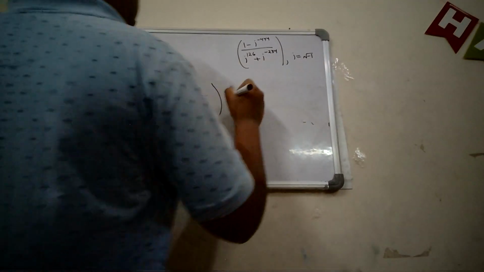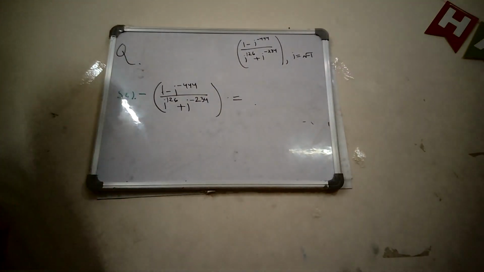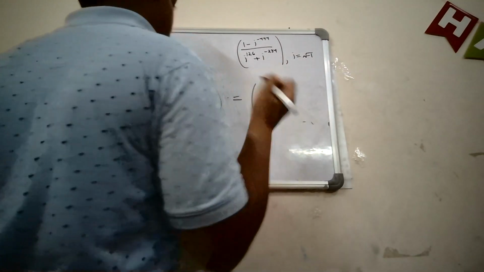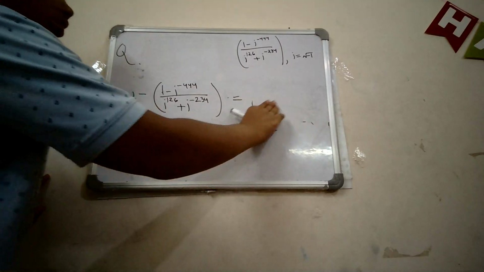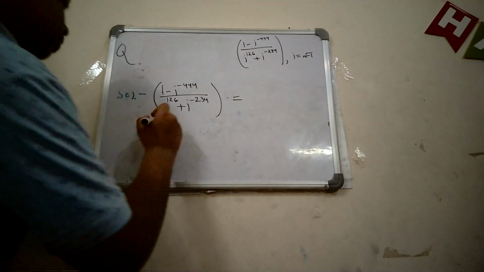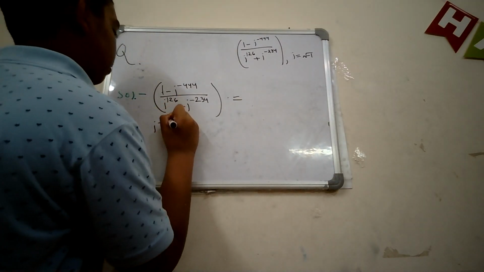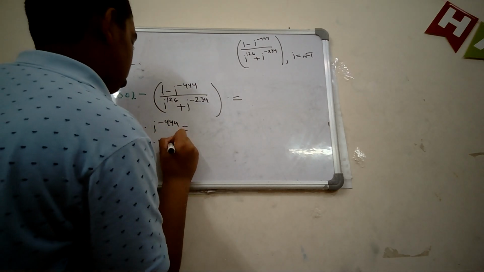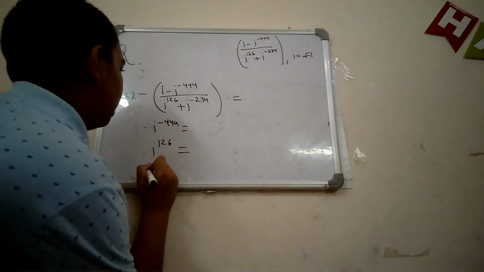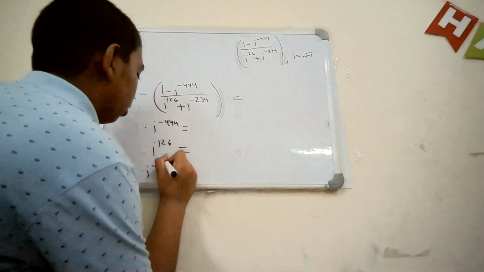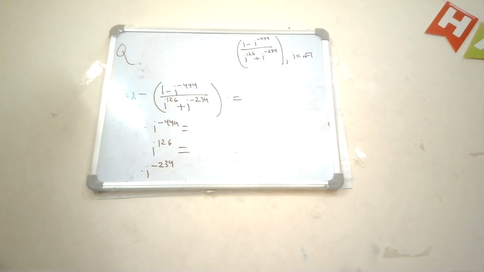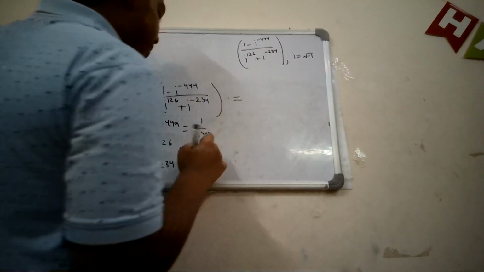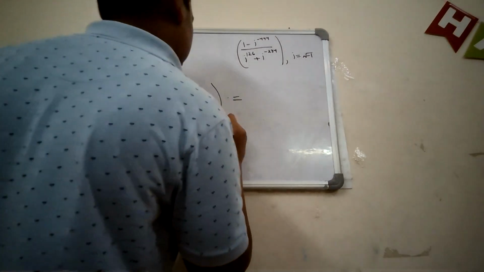So now let's quickly find the values of I. We're gonna find I to the minus 444, then I to the 126, and then I to the negative 234. Okay, I to the 44. You can ignore this 4, just take the last 2 digits.